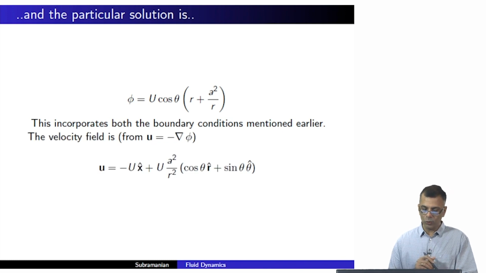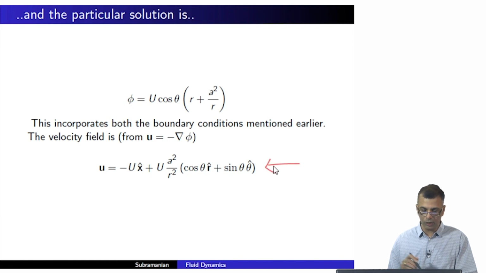Having gotten the potential, it's a simple matter to just take its gradient. You would have to take the gradient in spherical polar coordinates, obviously, and that's what it looks like. This is what the solution looks like.